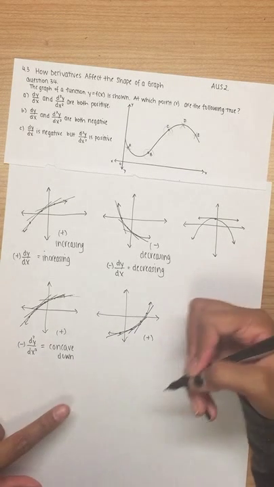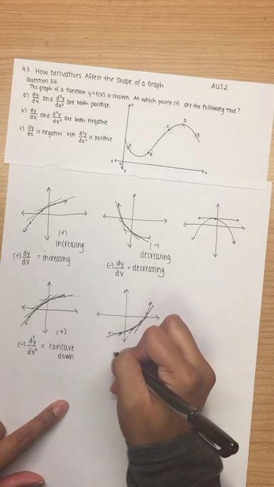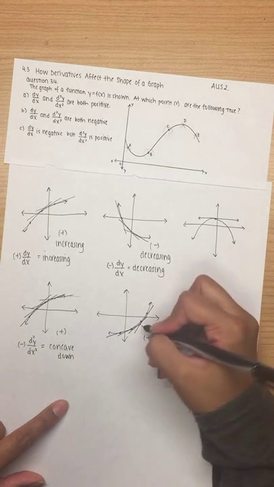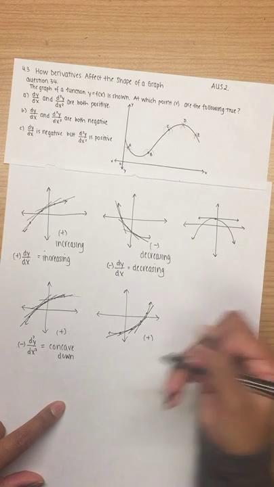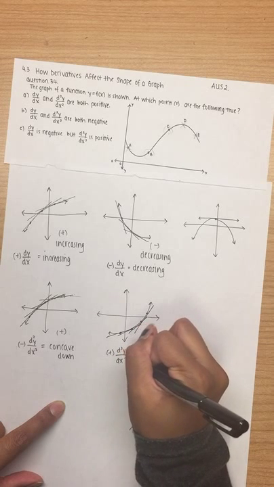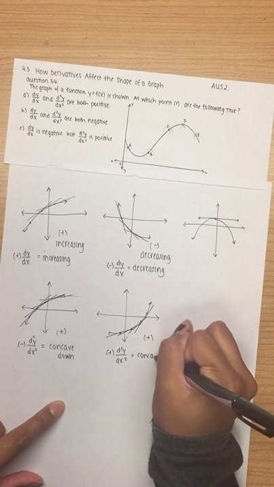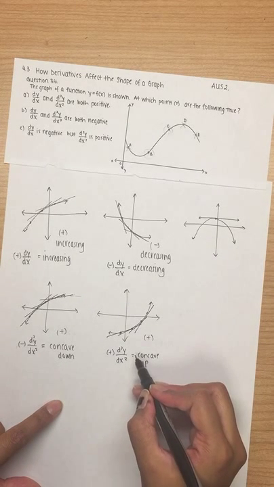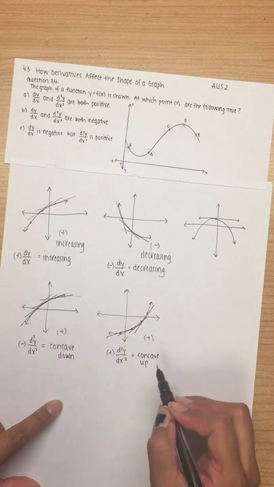The value of the slope is getting larger and larger. So this is a positive second derivative because the slope of the slope is increasing. A positive slope of the slope, a positive second derivative, means concave up. As you can see, this is concave up. So that's the relationship between the second derivative and the shape of the graph.